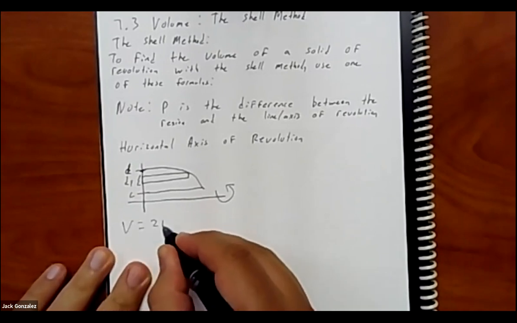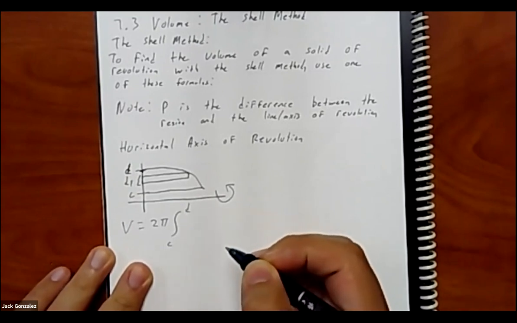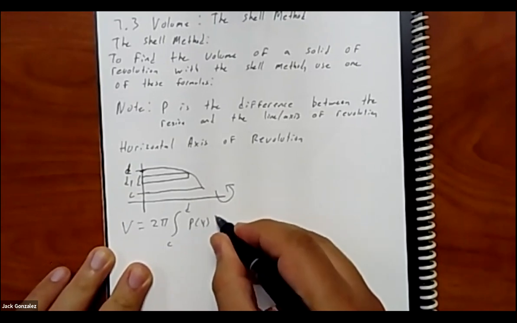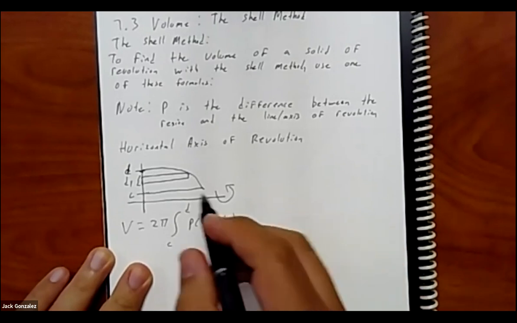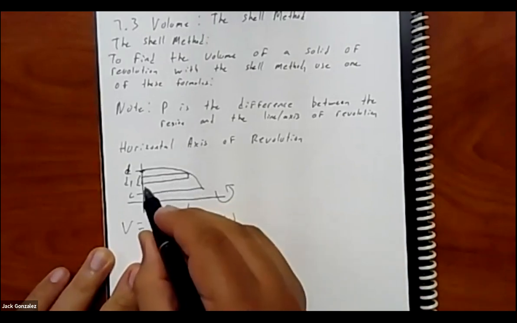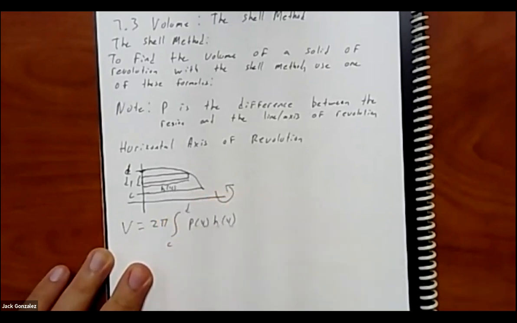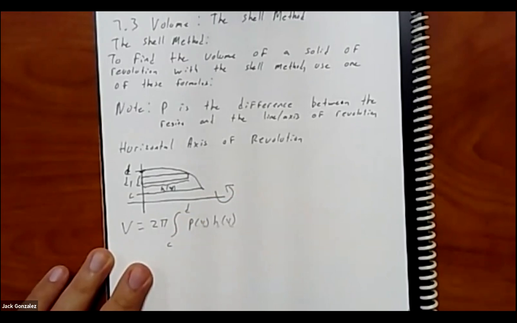V is equal to 2 pi integral from c to d of rho of y times h of y. So h is the height of the slice. So this right here is h of y. Oh man, it's smeared it.